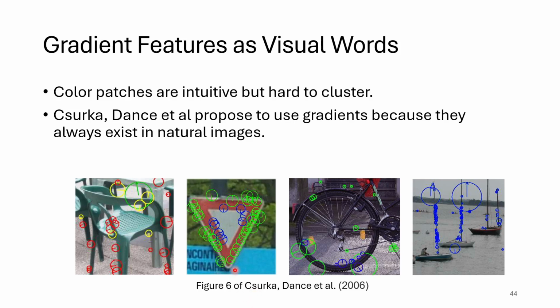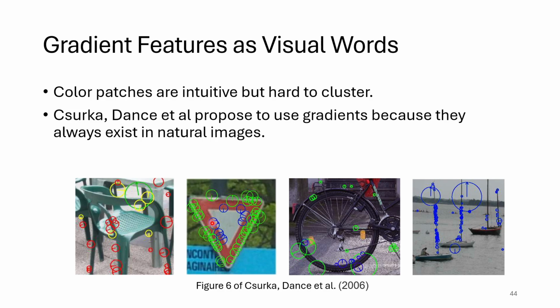So here, let's see some examples. Every circle in the image is a gradient, and the direction of the gradient is shown by the arrow. If the gradient is larger, then the circle will become larger. So for this image, they will extract some gradients as features.